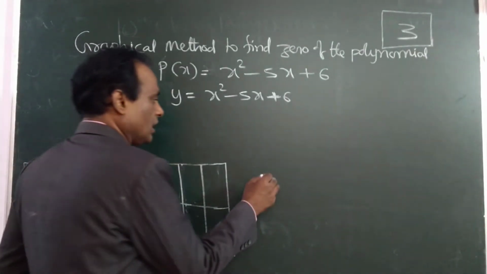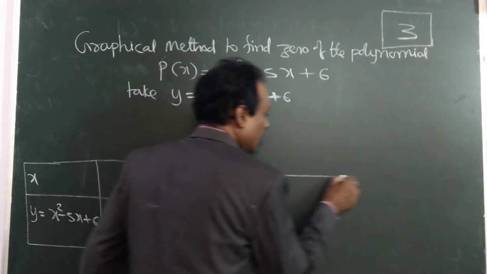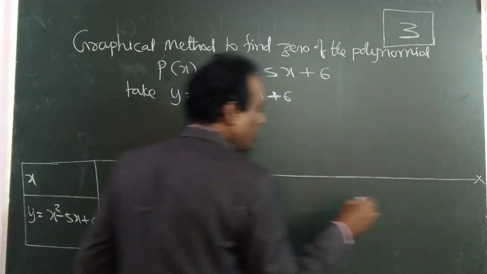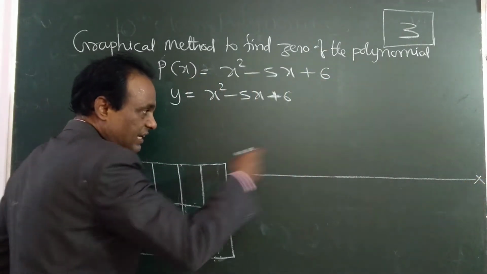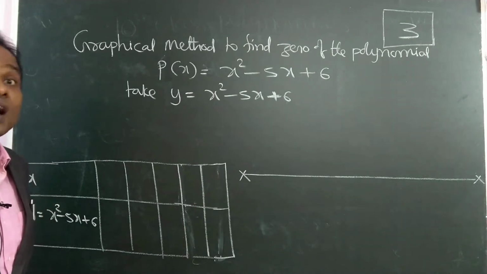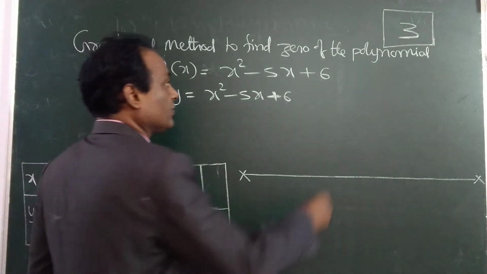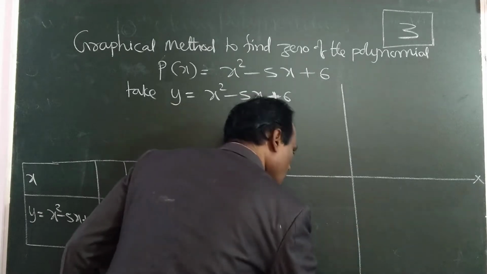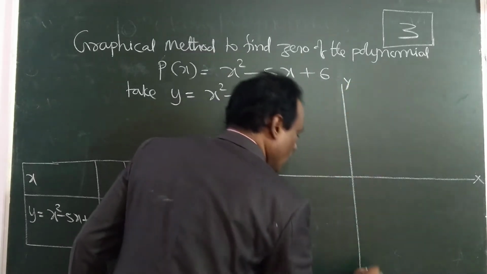The horizontal line, don't write anything, look at the board, draw the horizontal line, that is called the x-axis. Horizontal line is called x-axis. Vertical line is called y-axis.